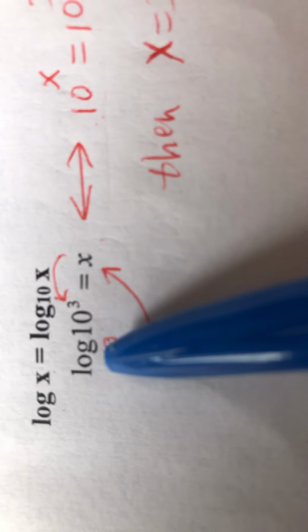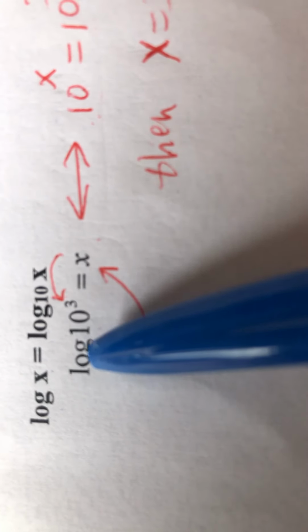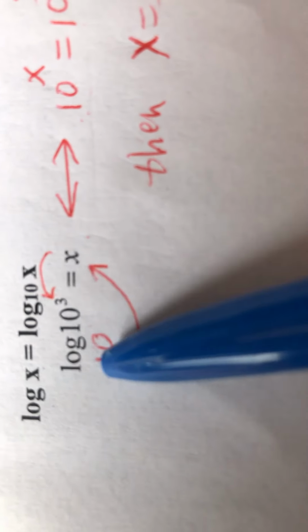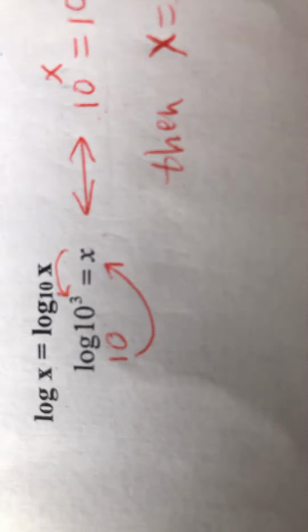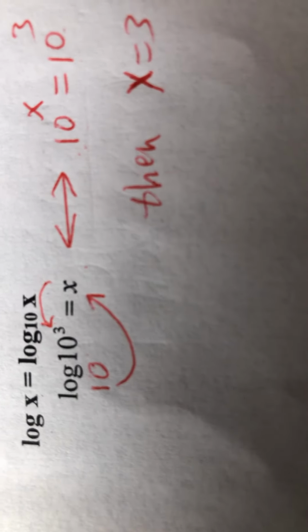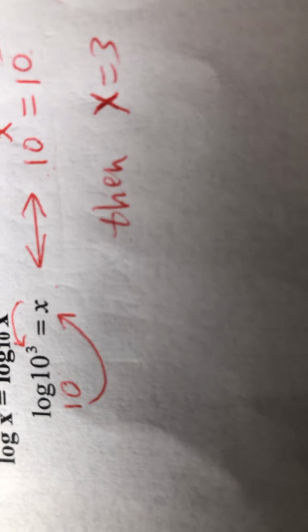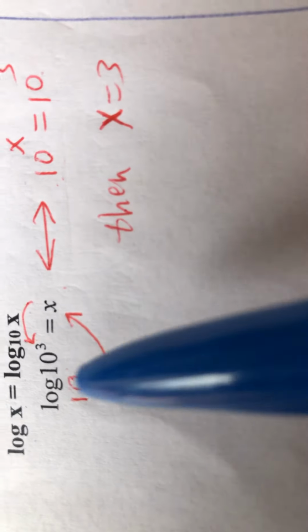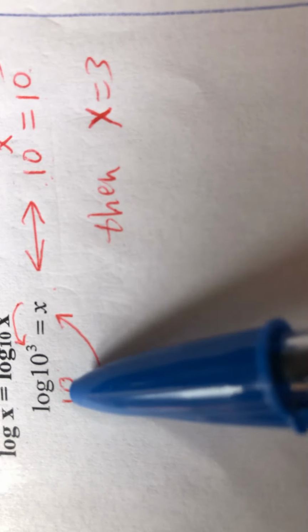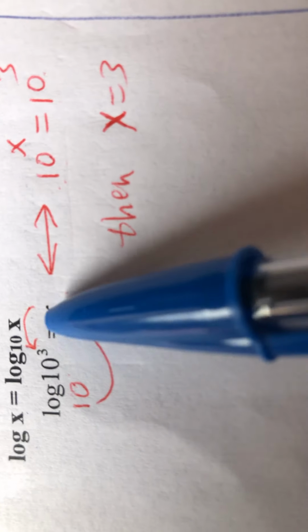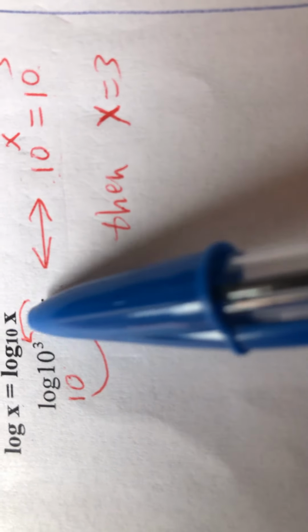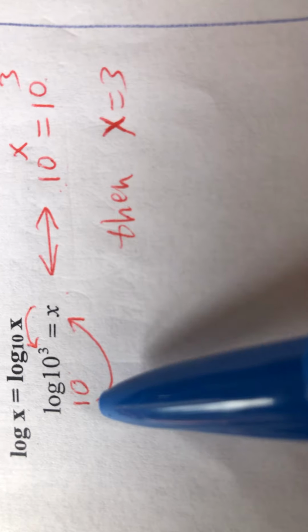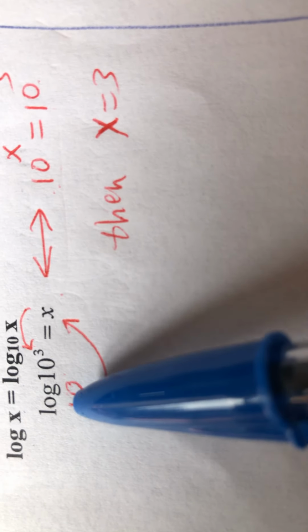For example, log 10 cubed equals x, find x. Here the base is not indicated. This means that the base is 10. So we put b equals 10. Now to solve this logarithmic equation, first convert to exponential. We start from the base. The base is 10.